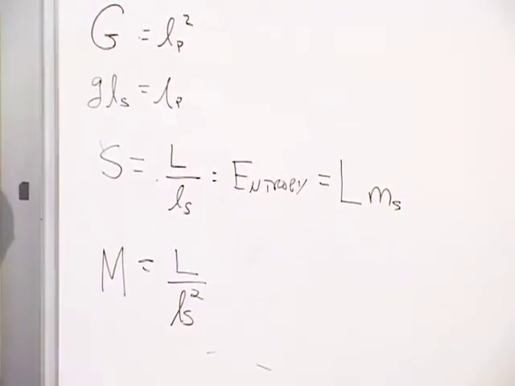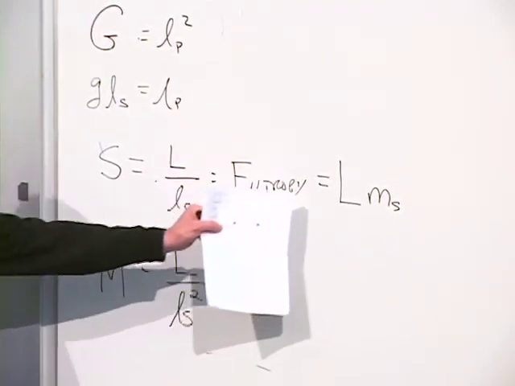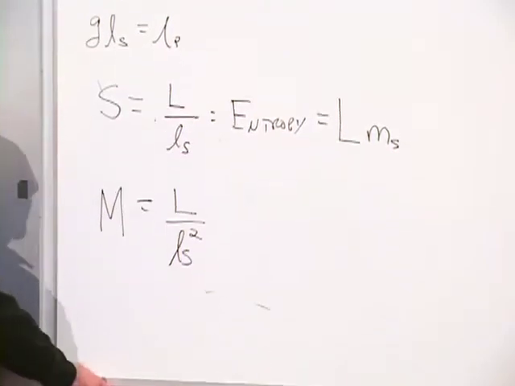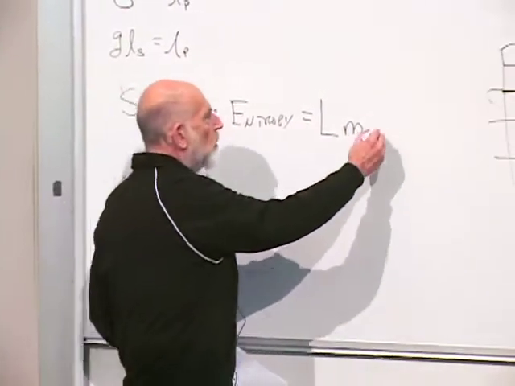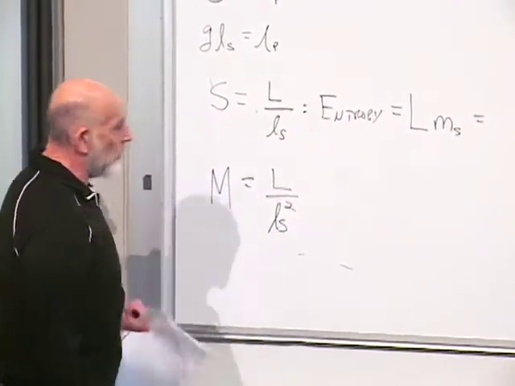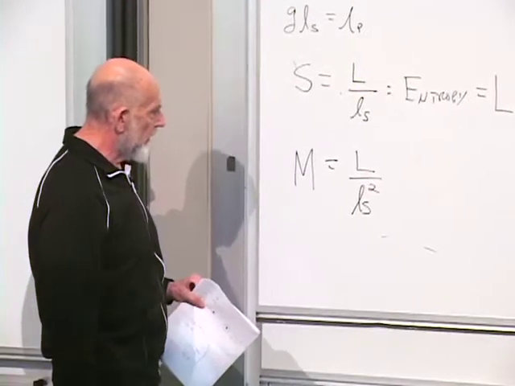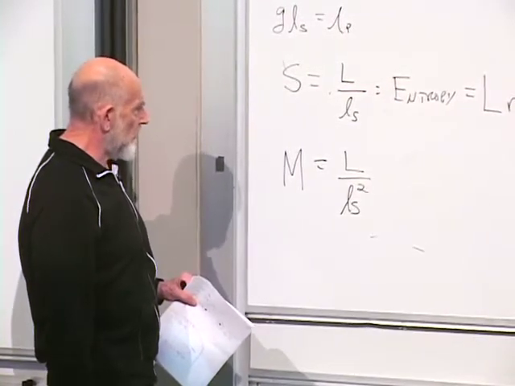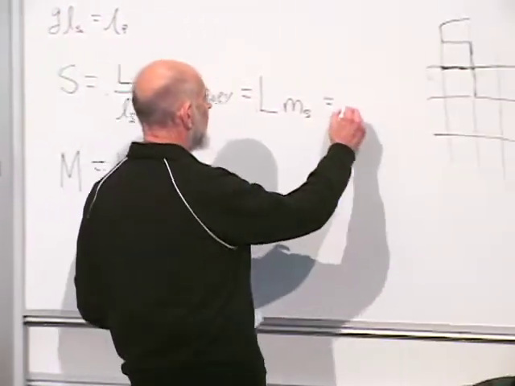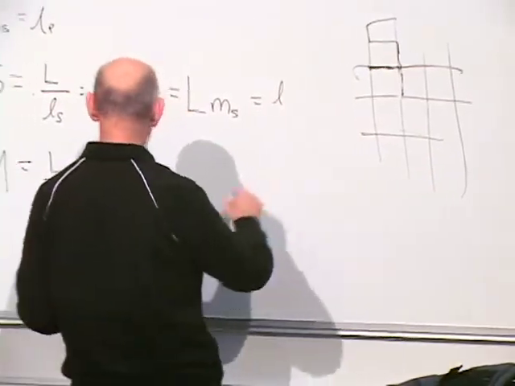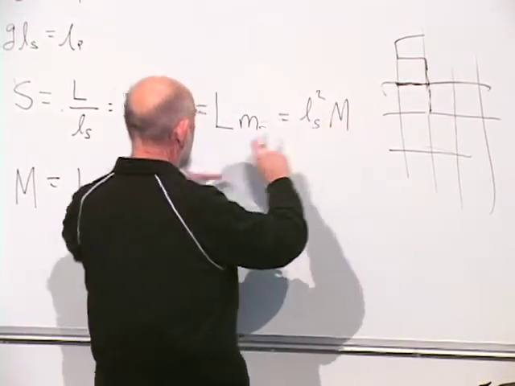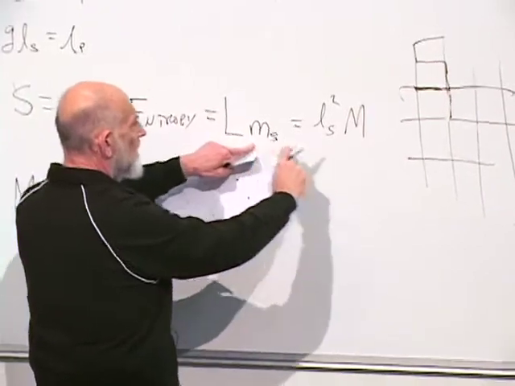Oh, we can do a bit more. We can get rid of L by replacing it with M. Let's just write some more equations. L is L string squared times capital M. So what is that going to give us? That's going to give us L string squared times capital M, that's L, times m string.